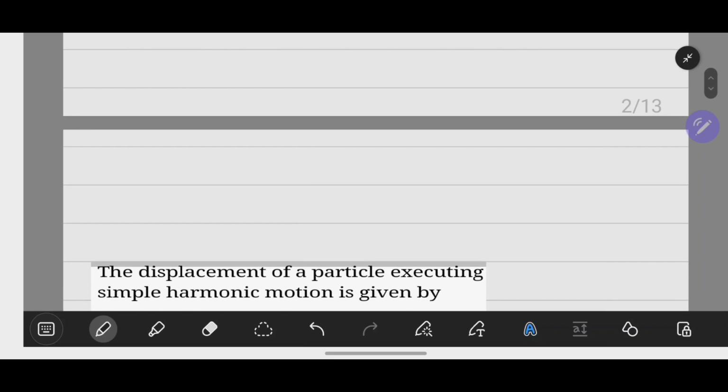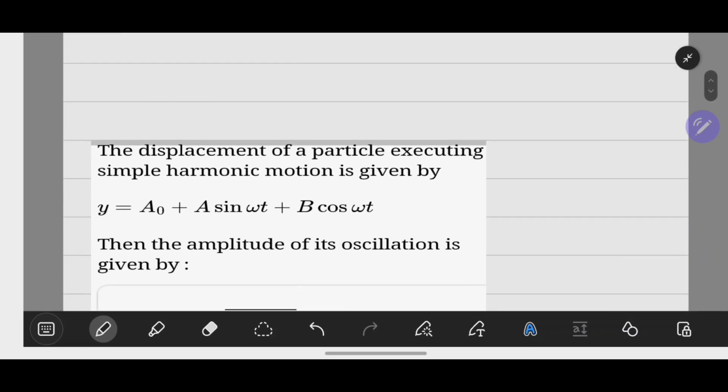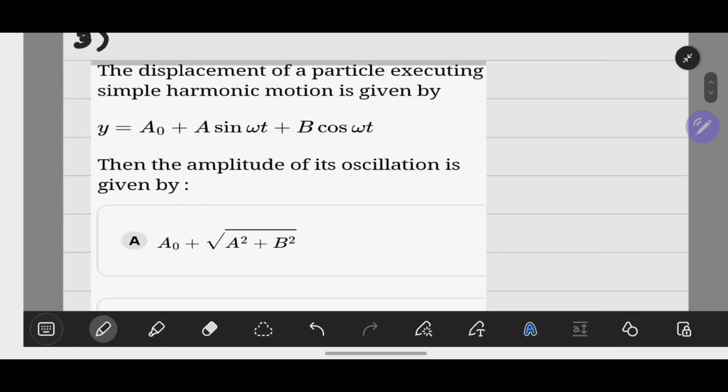Now come toward the next, the third one. I am going to read that one by one. Here, the displacement of the particle executing simple harmonic motion is given by y is equal to a0 plus a sine of omega t plus b cos of omega t.